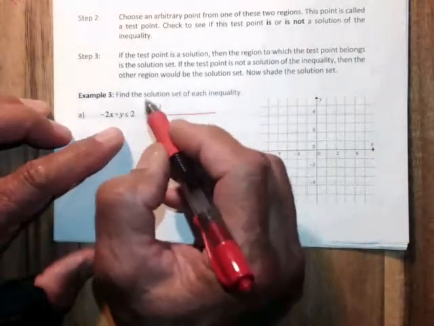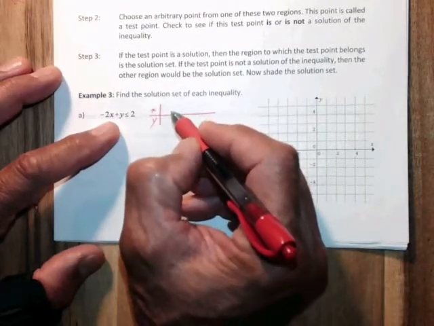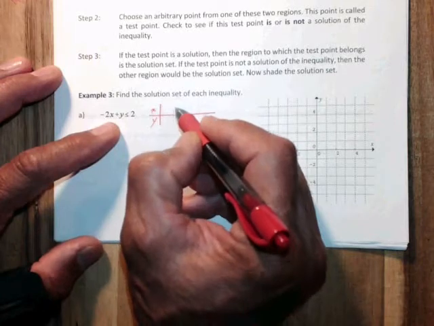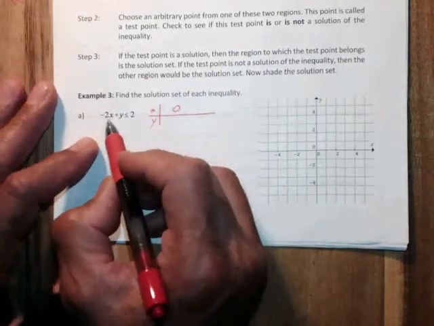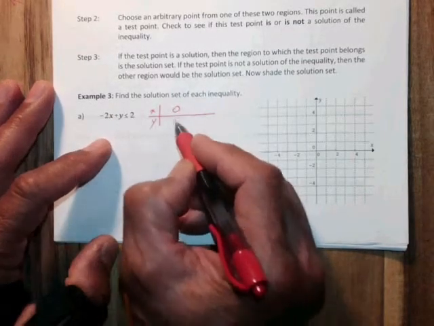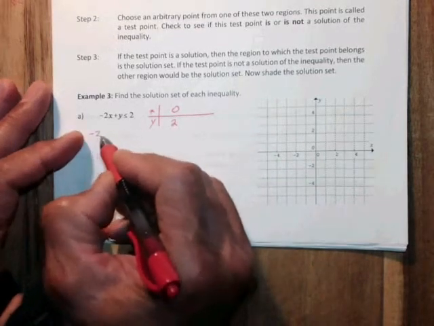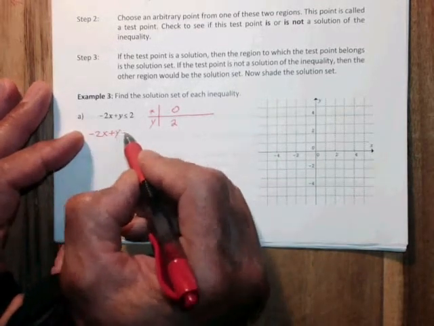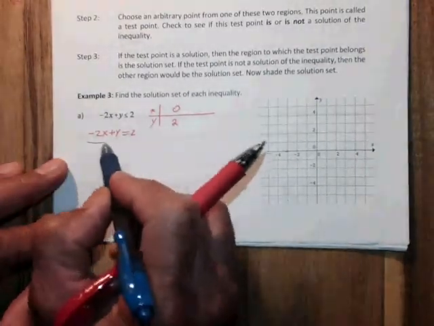So the easiest value for x I can try is 0, of course. If I choose 0, I have negative 2 times 0 plus y, then I get y equal to 2. If you think of it as just equality, negative 2x plus y equal to 2, I'm looking at the line itself.